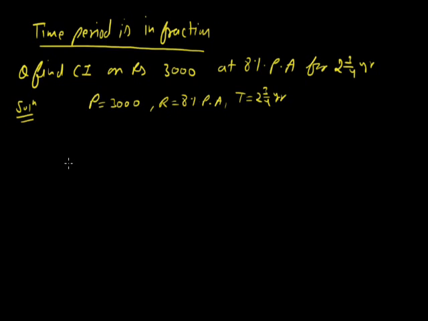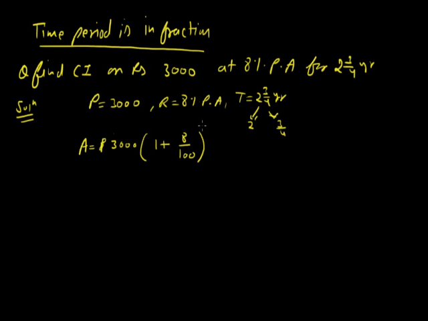So when the time period is in fraction, the formula becomes amount is equal to principal, that is here 3000, 1 plus r, that is 8/100. Now the time period we break into two parts. One is the whole part, that is 2, and one is the fraction part, that is 3/4. So amount is equal to P, that is 3000, 1 plus r/100 raised to the power t.